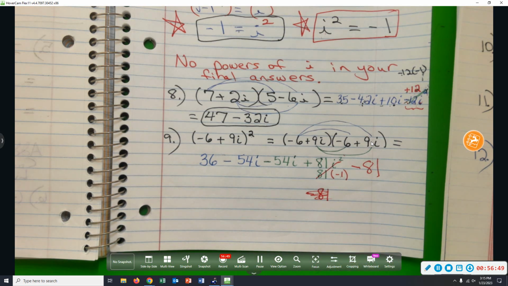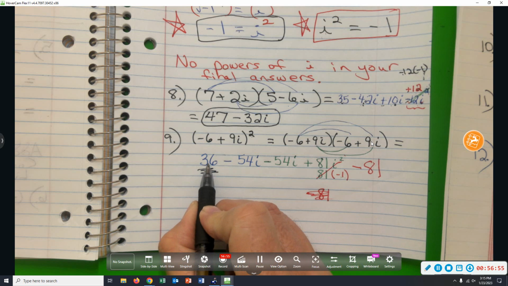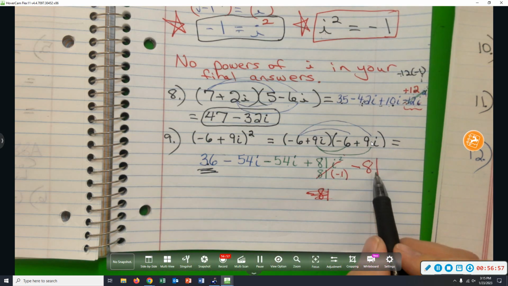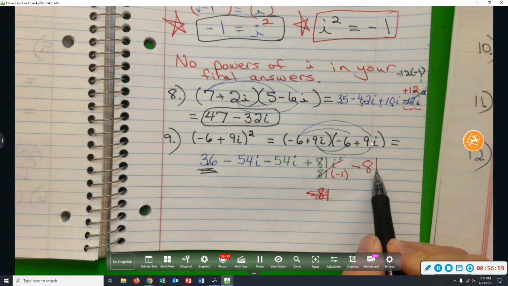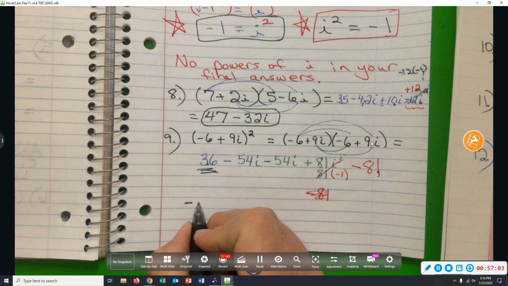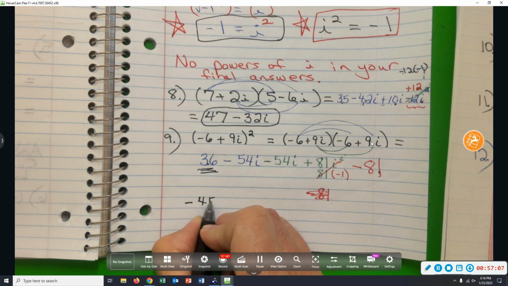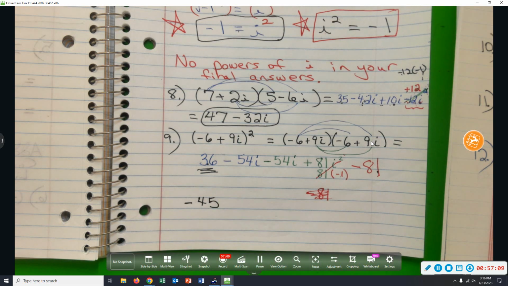It looks sort of messy. What can we combine? The 36, the things without the i. 36 minus 81, that's going to be negative what? 45. Now, be careful. Sometimes students will say they cancel out.